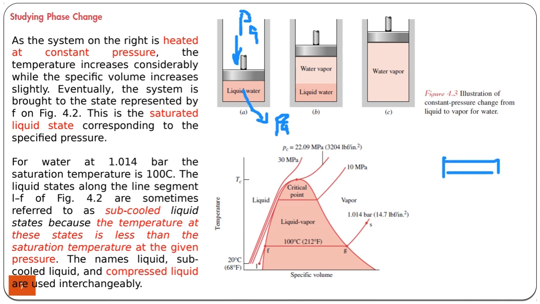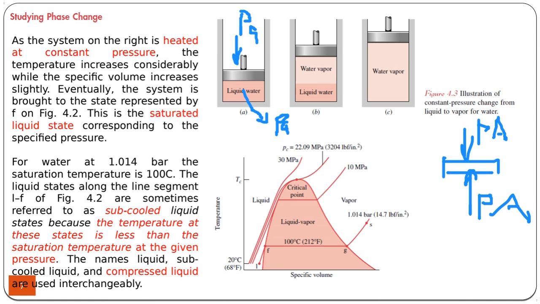So the bottom force is P times area. The top force is also P times area, which means it's statically in equilibrium. The sum of the forces is zero. So if the outside pressure is atmospheric, of course we are neglecting the weight of the piston.